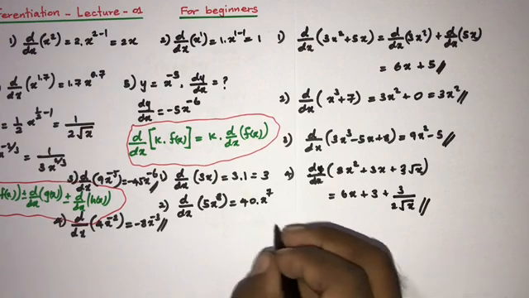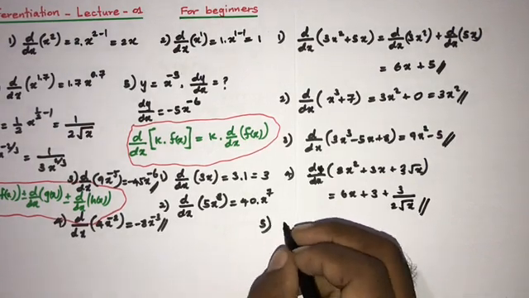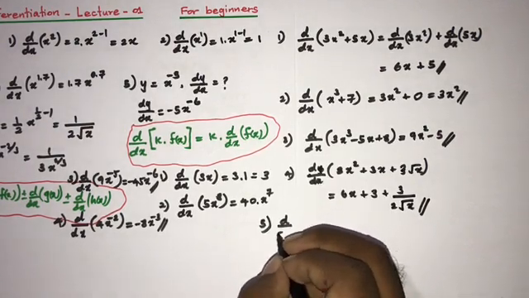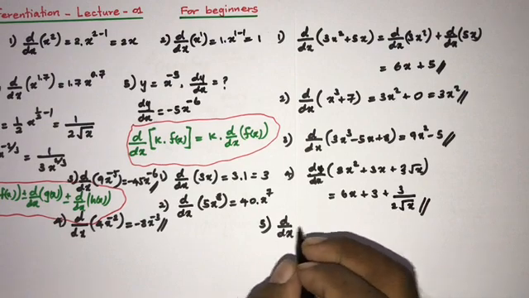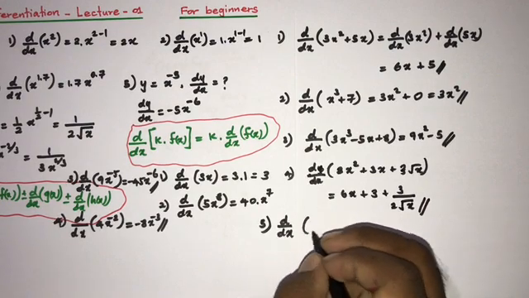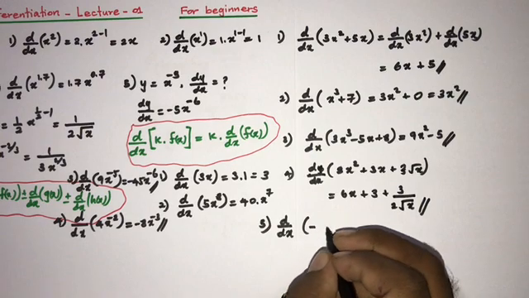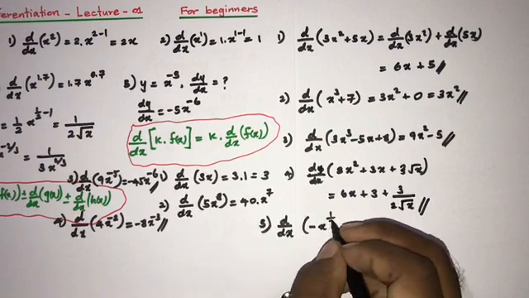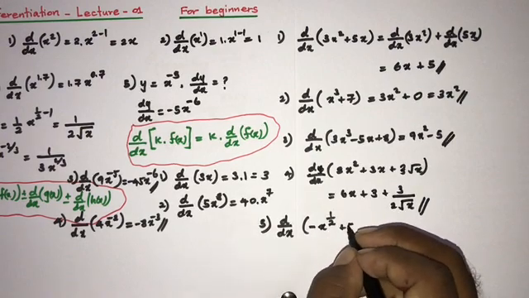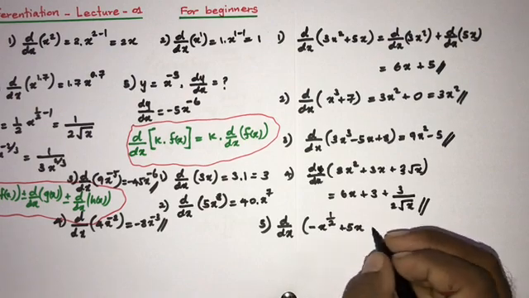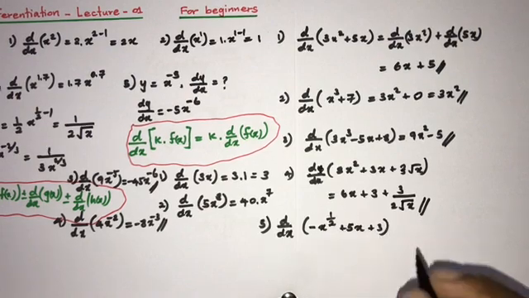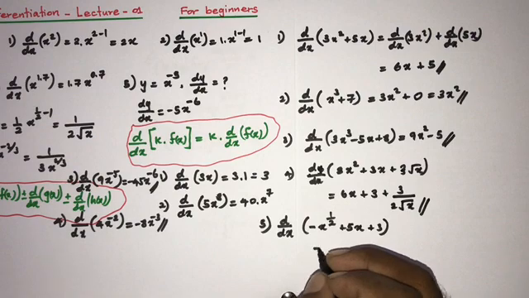Okay, now if we take another example, d by dx of minus x to the 1/2 plus 5 times x plus 3. Now we can differentiate.